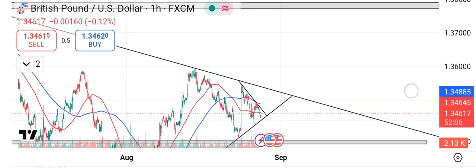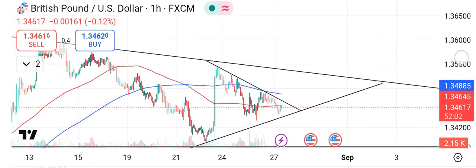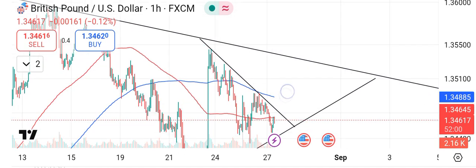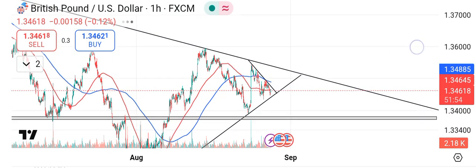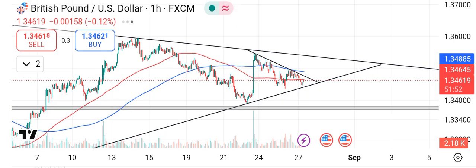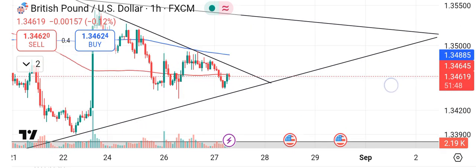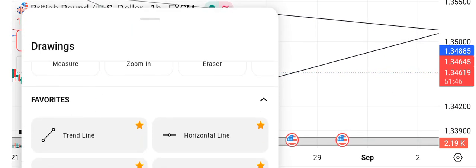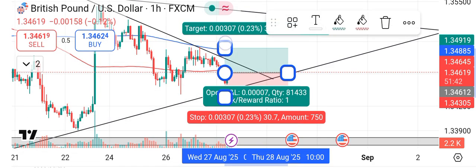There is a higher possibility that if it can break out of this inner counter, it will definitely get here and break out of this outer one too. So once we get a breakout on this inner one, we'll open a buy position back to the high. We'll just open a long position from here.